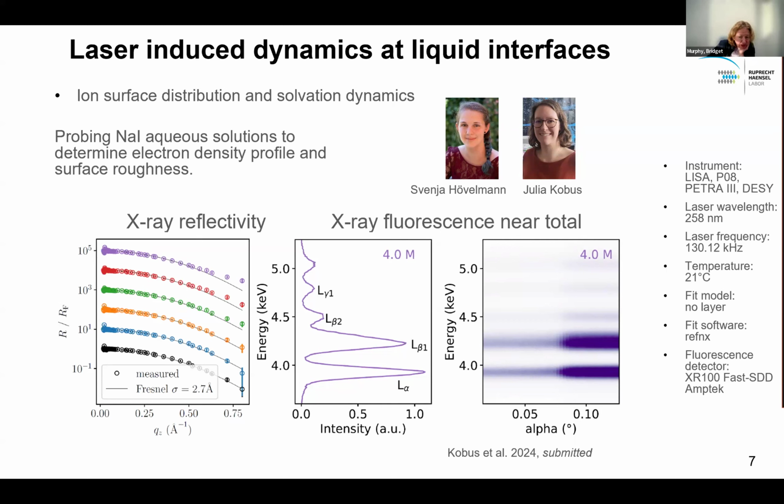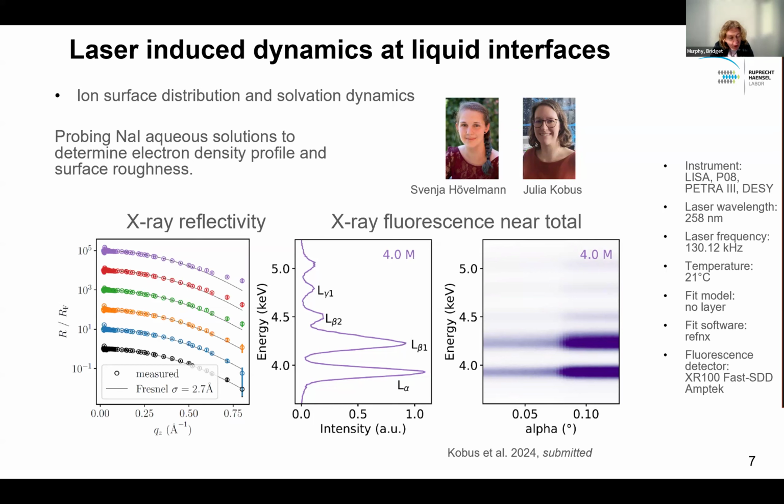And so if we look at the roughness as we go through different concentrations, we see that the roughness is increasing. And also if we look at the surface, of course.